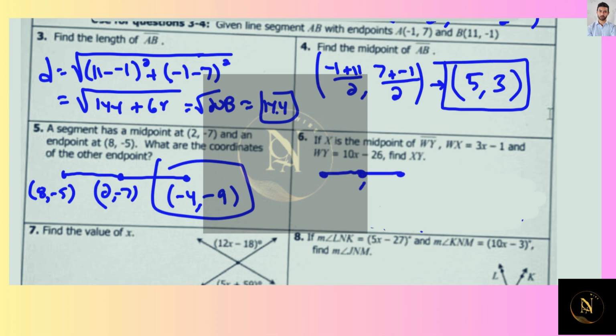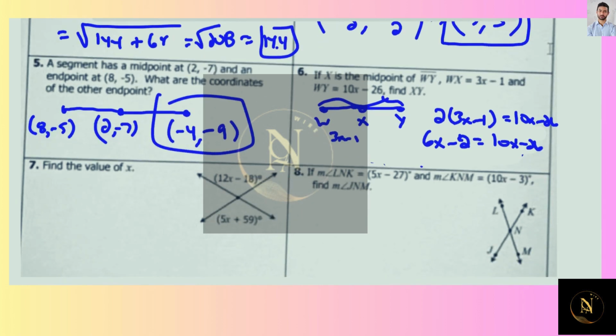X is the midpoint of WY, where WX is 3x minus 1, and the whole thing is 10x minus 26. That's WY. So if we double 3x minus 1, that would be equal to 10x minus 26, because 3x minus 1 is half of the side. So distribute, we get 6x minus 2.